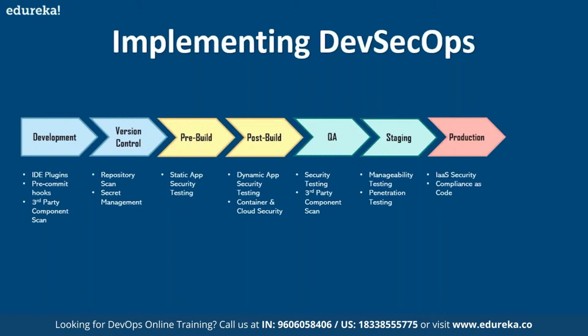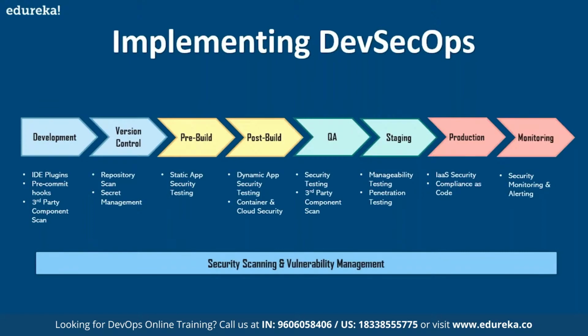At the production stage, for infrastructure as a service security, wherever you're deploying the model, we'll have to check the security of that infrastructure and the compliance of the code. Okay, so all these aspects will be looked into from development to production, and once it is productionized, during the monitoring stage, all the security monitoring and alerting will be taken into action.